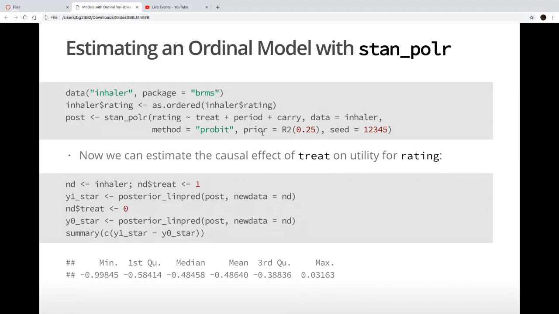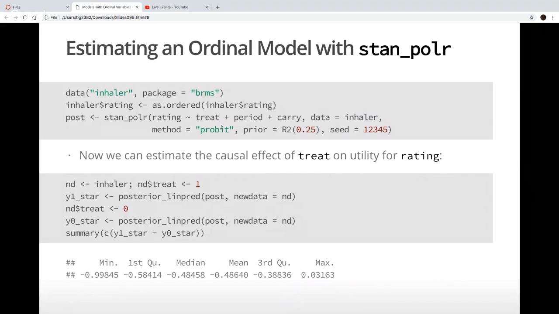And as a general rule, our ability to explain unobservable things like utility is a lot less than our ability to explain observables like wages or log wages. So when in doubt, go small for the R squared, but obviously condition on the data, you can get updated beliefs about that and everything else.